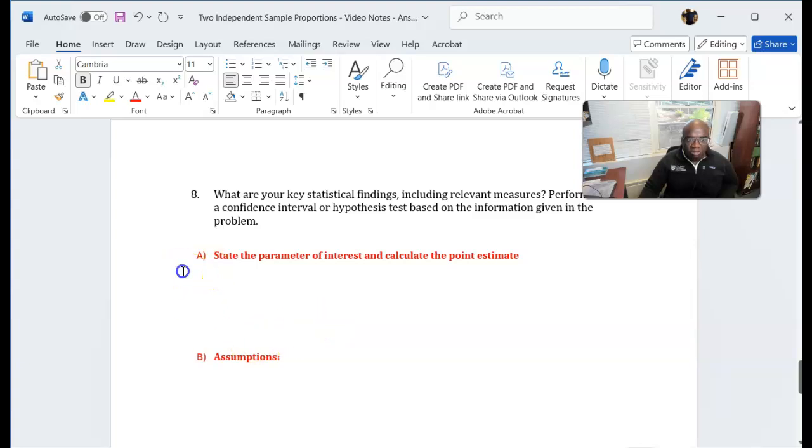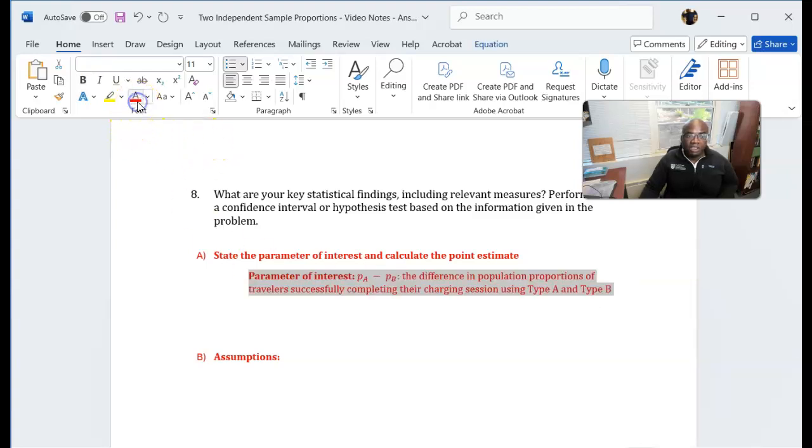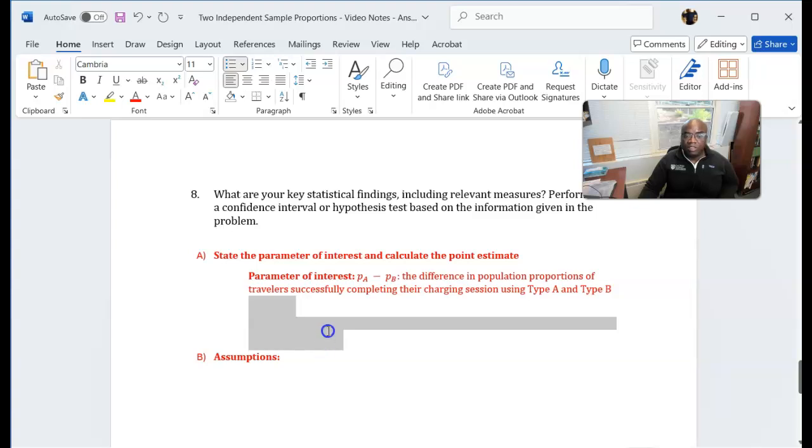All right. So in terms of the parameter of interest, we're dealing with proportions. So it's going to be the difference in the population proportions, okay? So the difference in population proportion of travelers successfully completing their charging session at type A and type B. In terms of our point estimate, aka our sample statistic, that's going to be the difference in sample proportions.